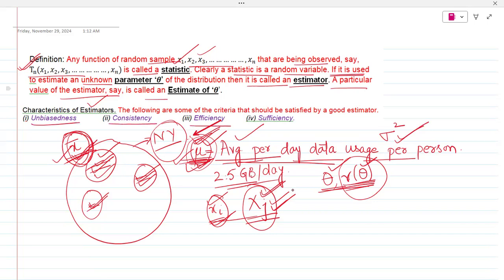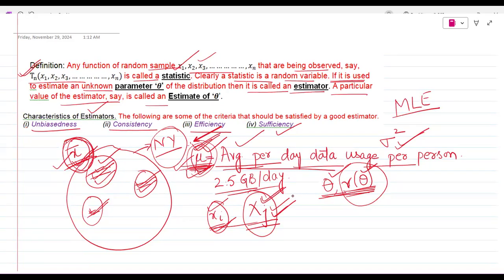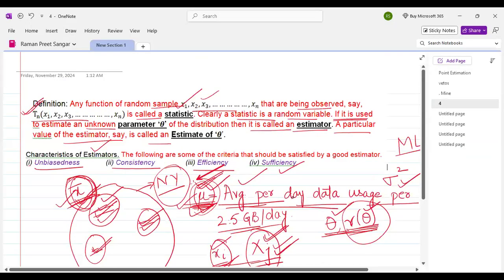It should be efficient, sufficient. And I will discuss one more characteristic that comes under MLE, the maximum likelihood estimator. One by one, we will discuss all these characteristics.